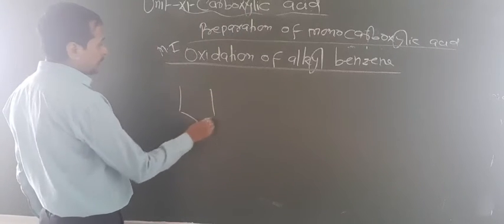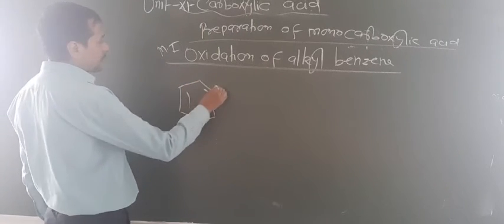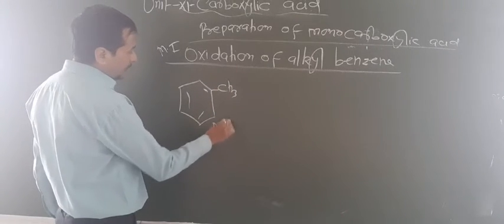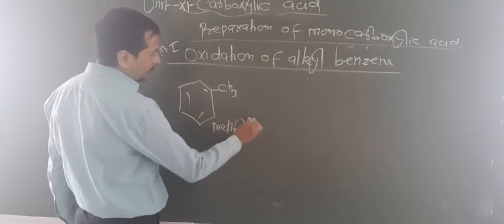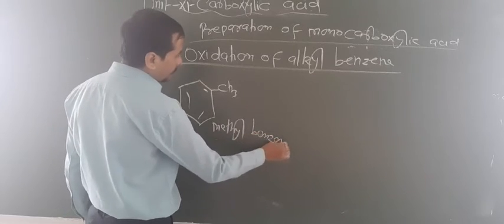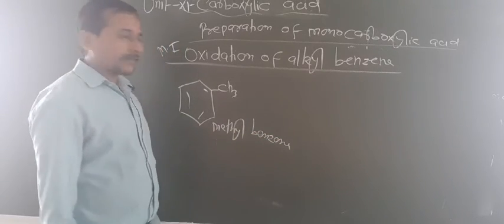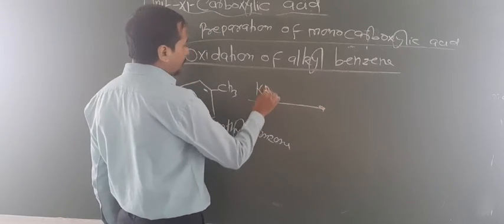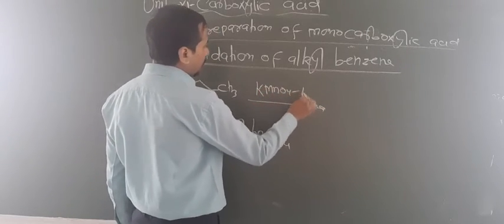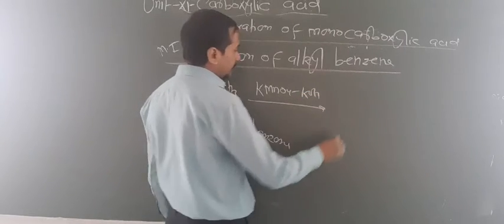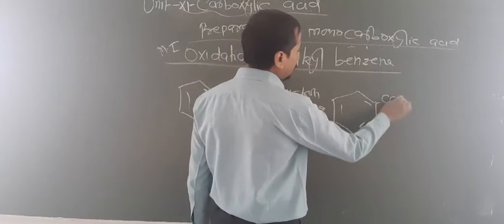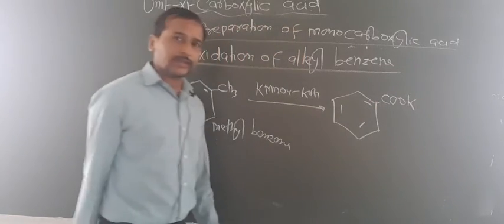What happens here? Just we have taken toluene, that is methyl benzene. Okay. Here, what we do is first take KMnO4 and KOH. Now this will change, so here CH3 will change into COOK. Are you getting this point?